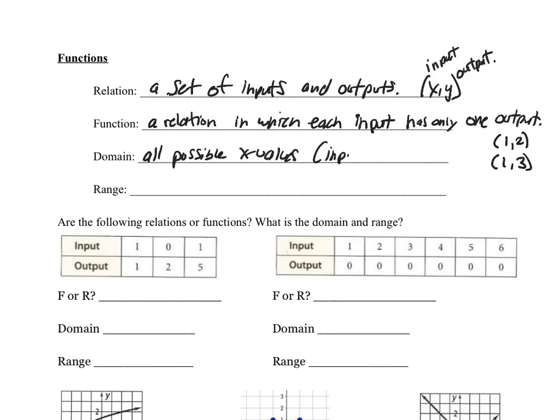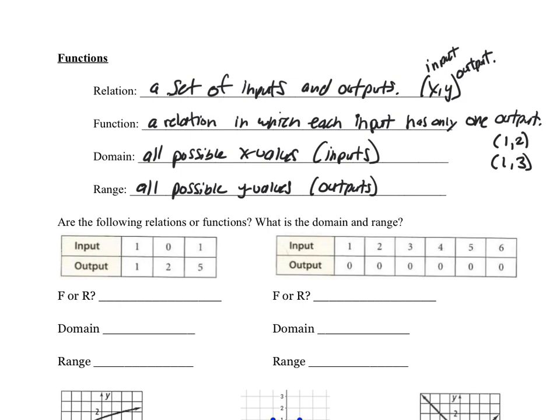So we're talking about what are the inputs in our relation or function, and the range is all possible y values, and these are the outputs. So when you're asked to find the domain and range, what we're really thinking about is what are the possible inputs I could have, that's my domain, and then what are the possible outputs I could have, and that's my range.